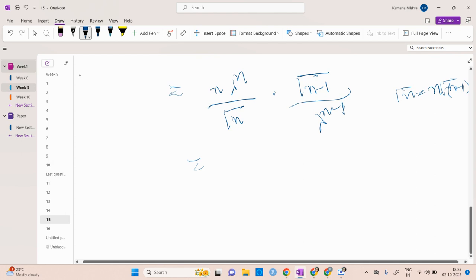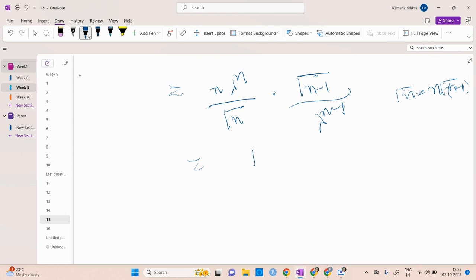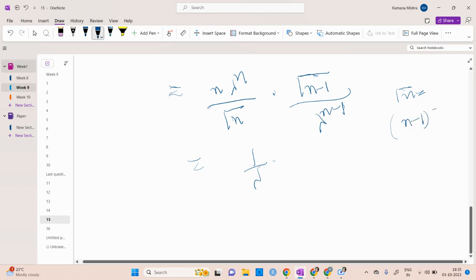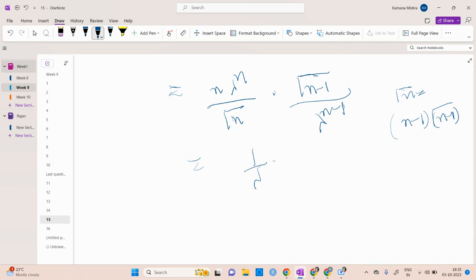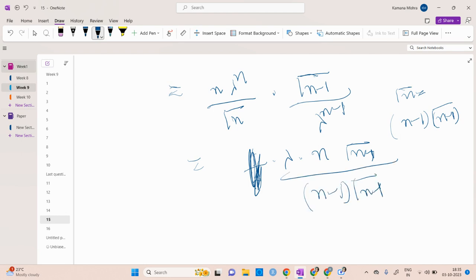Okay, so what we are left with is 1 upon lambda. Sorry, we are left with lambda to the power n minus n plus 1, so it will be lambda, not 1 upon lambda, and it will be n gamma n minus 1 divided by n minus 1 gamma n minus 1.